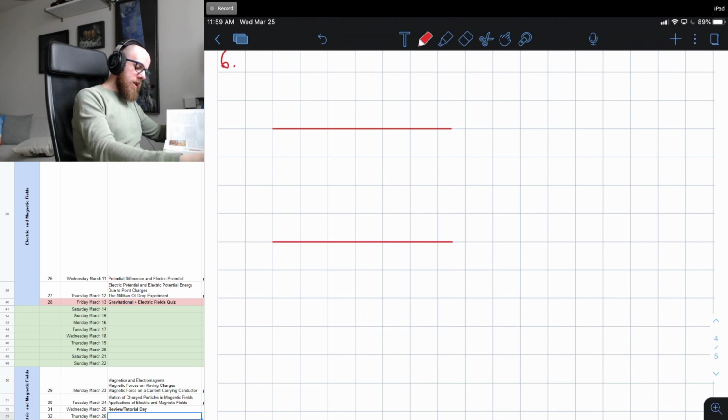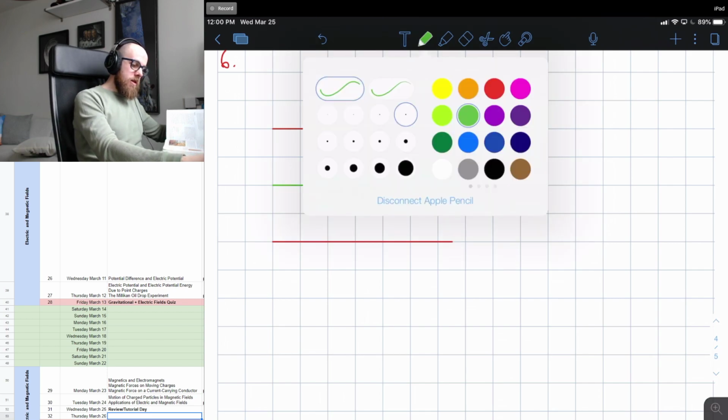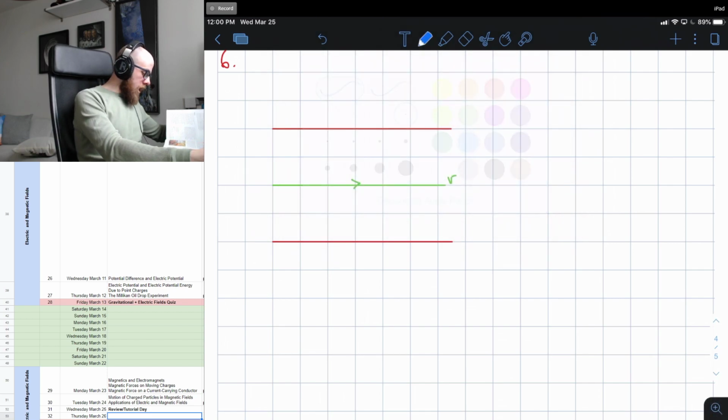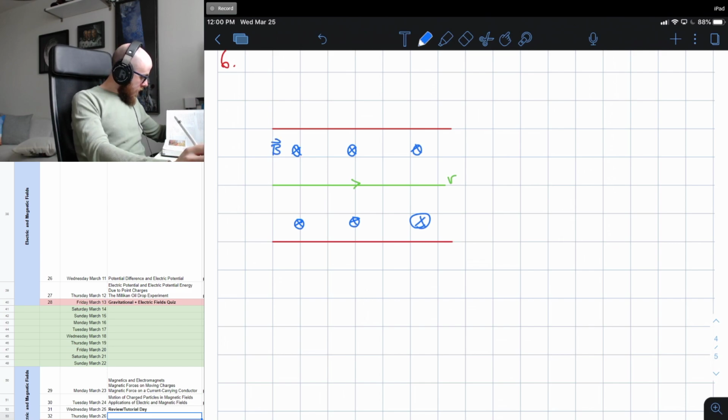So we have the velocity of the particle is to the right? So there's our velocity vector. We are told that the magnetic field points into the page. Okay, and it's a uniform magnetic field everywhere. Alrighty.